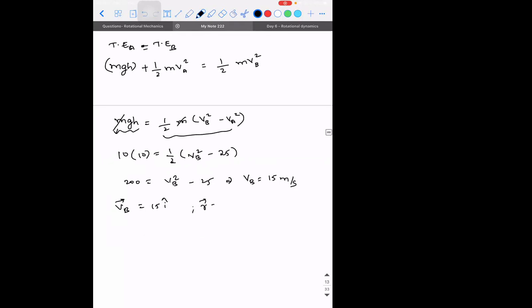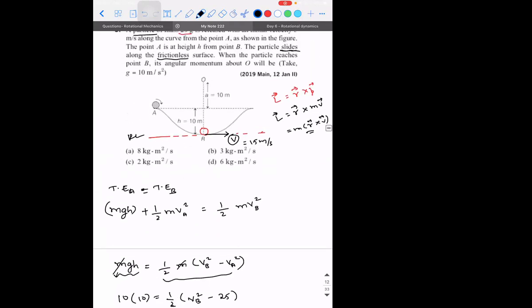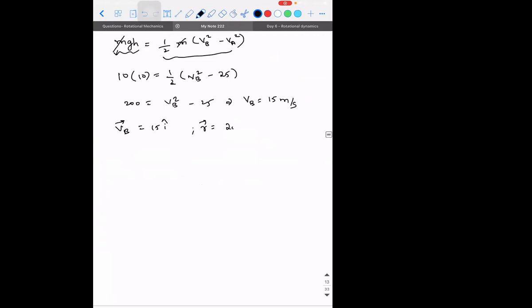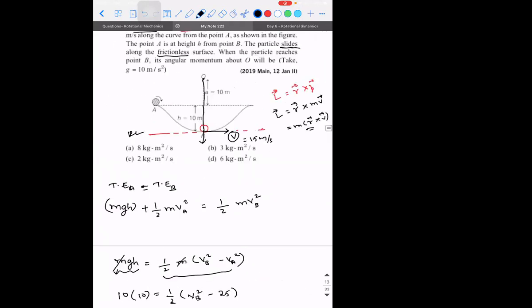What is R vector? From the origin, how much is this distance? 20. And what is the direction? Minus j. Yes. So R vector is equal to 20 into minus j cap. So L vector is equal to mass. Mass is how much? 20 grams.